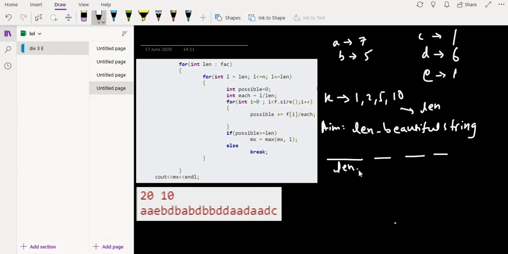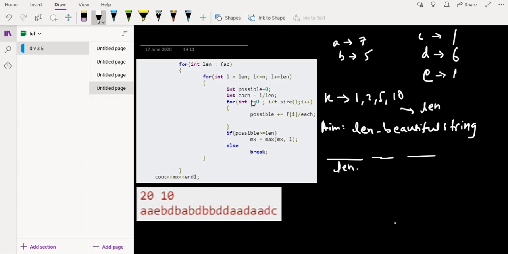That's why I'm going to try and form a len beautiful string of different multiples of its length, and this L represents which multiple it is. So I'm going to start from len and go all the way till n, updating it to the next multiple. So this is first len, then 2 len, then 3 len, and so on. And whatever maximum I can build, I'm going to update the max with that.